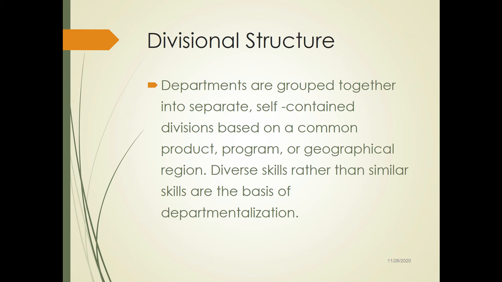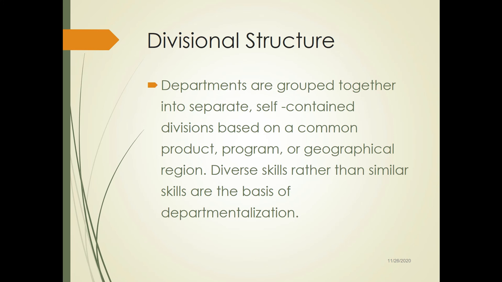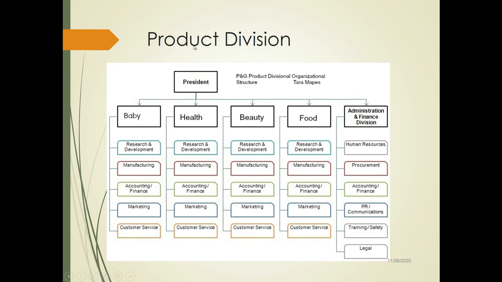Next is your divisional structure. Departments are grouped together into separate, self-contained divisions based on a common product, program, or geographical region. So diverse skills rather than similar skills are the basis of departmentalization. This is an example of your divisional structure. Here they are grouped together based on the product that they sell, not on their function or specialization.